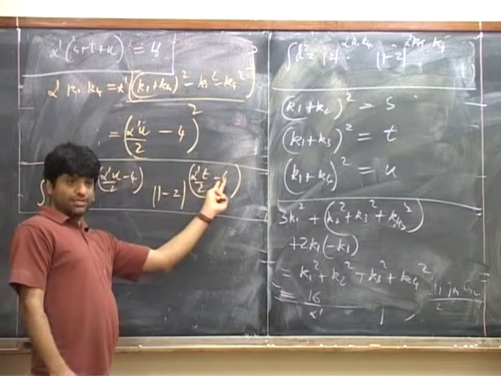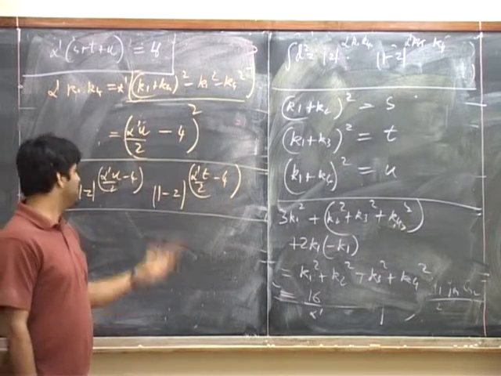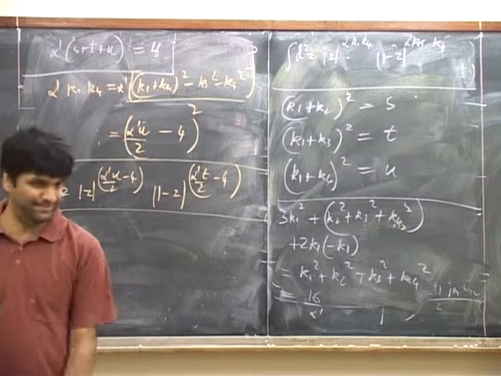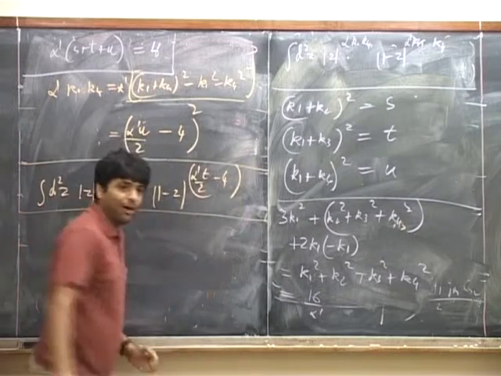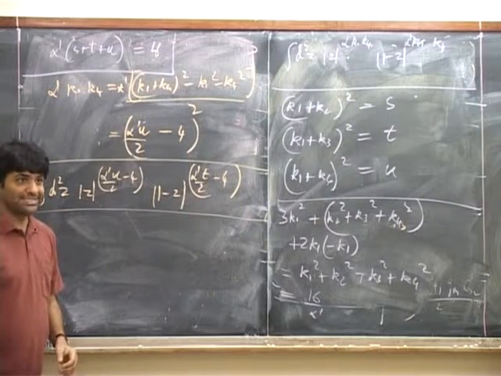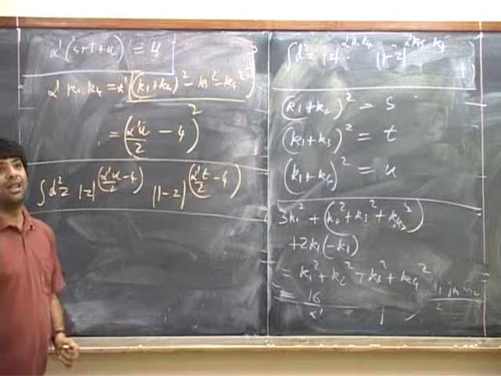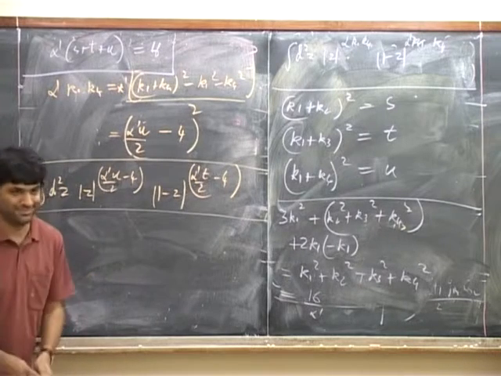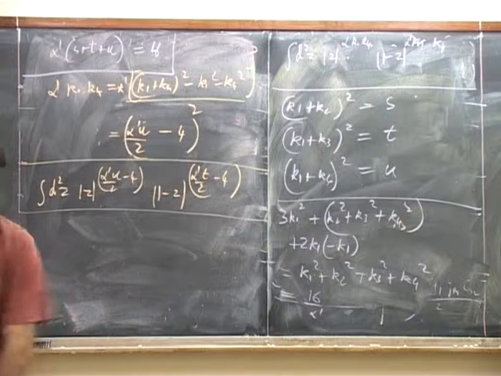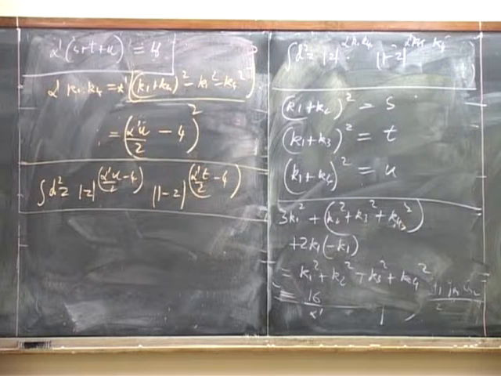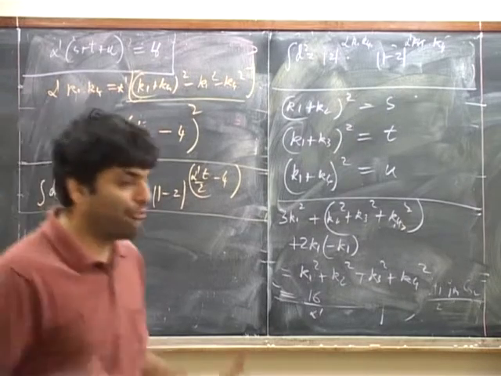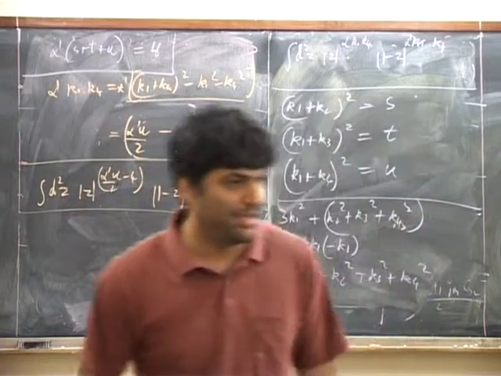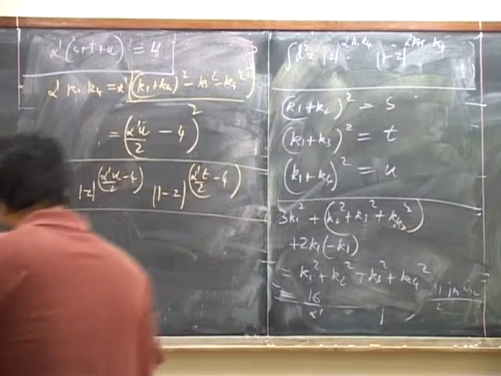If this power was smaller than -2, then the integral would diverge at 1. And if the sum of these two powers was larger than -2, then the integral would diverge at infinity. Because the integrand goes like z to the power of the sum of the powers, and that had better die off faster than 1 over z squared in order to get convergence.